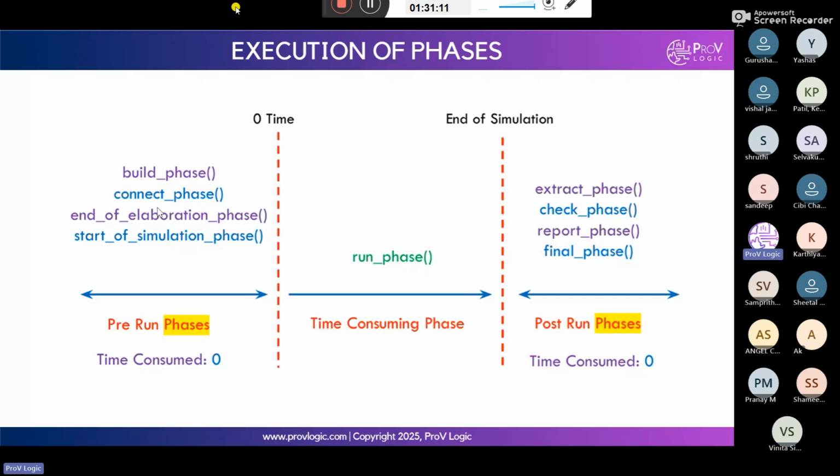Check phase, mostly the scoreboard only, because we need to compare the actual value and expected value, right? Check phase we use in the scoreboard. Extract phase we can use in the environment or test, and report phase we use in the coverage.